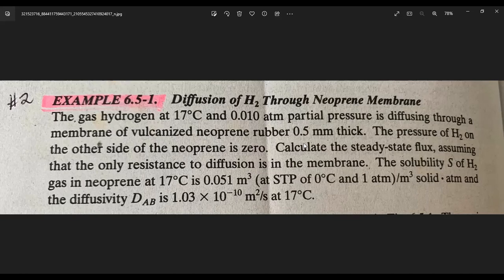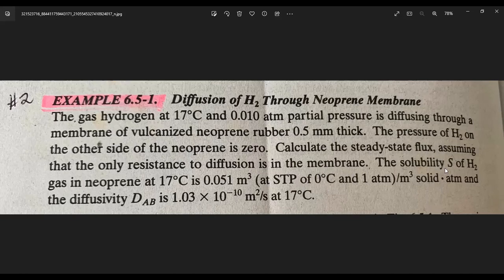The thickness is 0.5 mm. So the pressure of H2 on the other side of the neoprene is 0. So calculate again the steady state flux, that's your N_A, assuming that the only resistance to diffusion is in the membrane itself. So the only thing that offers resistance to the diffusion of H2 is the membrane itself.